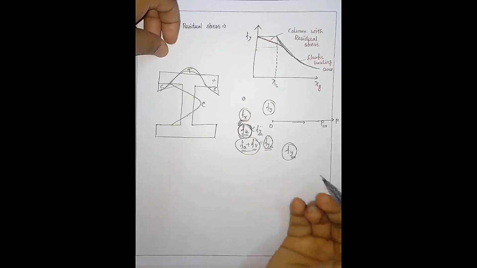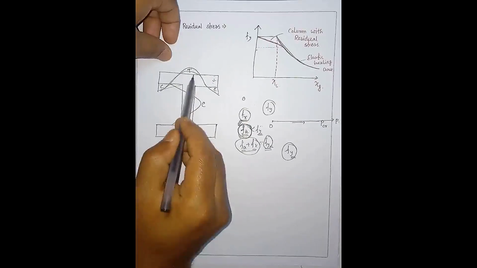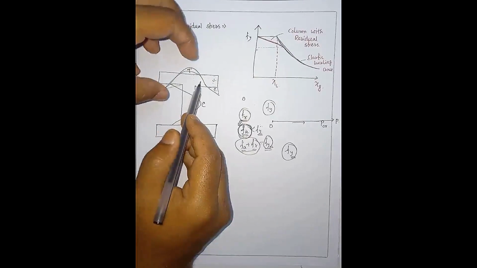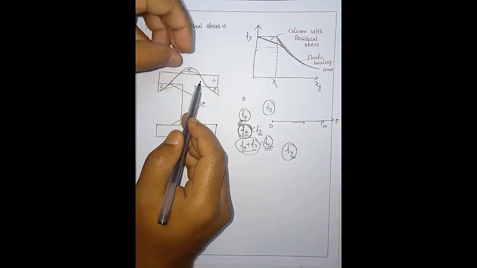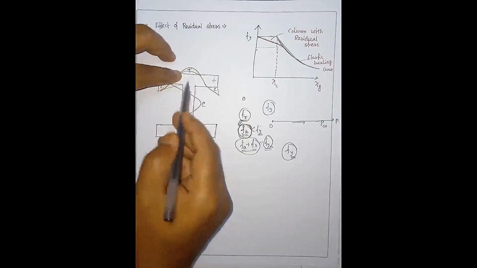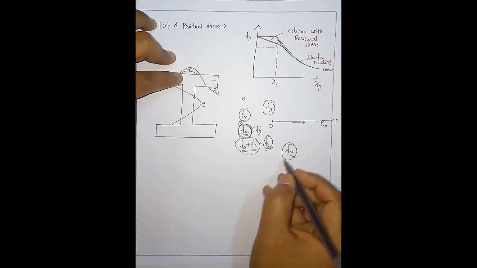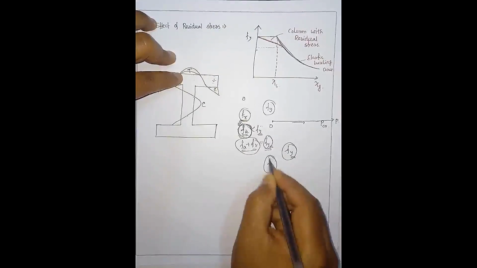Or maybe, as these parts are under compression and tension, some compression will be required to balance that tension. So it may fail at a stress higher than this Fy.